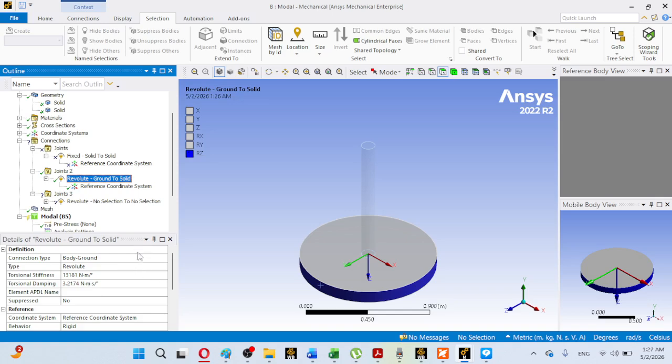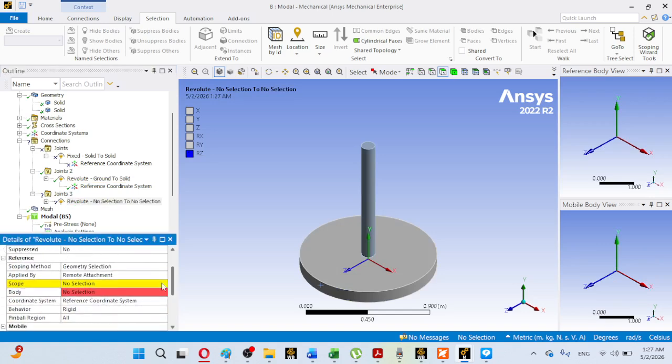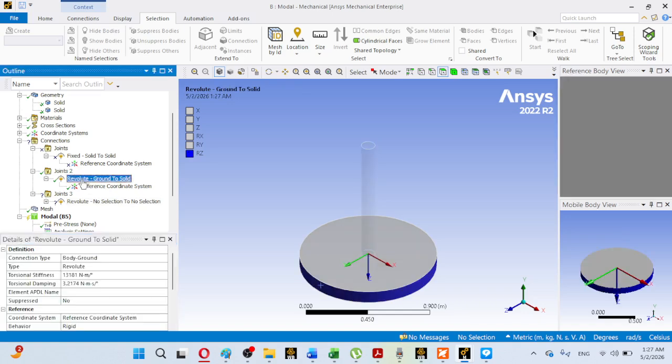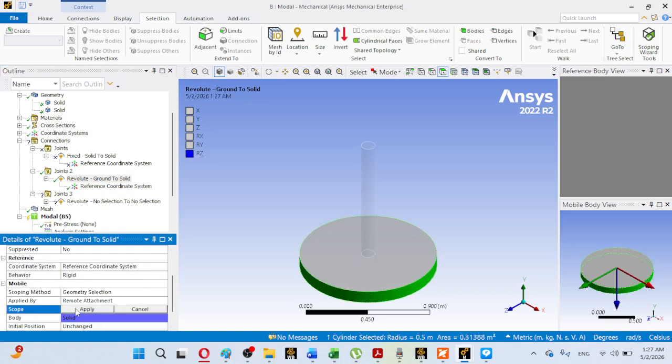The next point is which face has to be selected. In this revolute joint you can observe here, I am using this revolute just to make you observe. I have shown you the applied joint here with all data, so I am just making you understand from this joint 3 that you will be selecting.